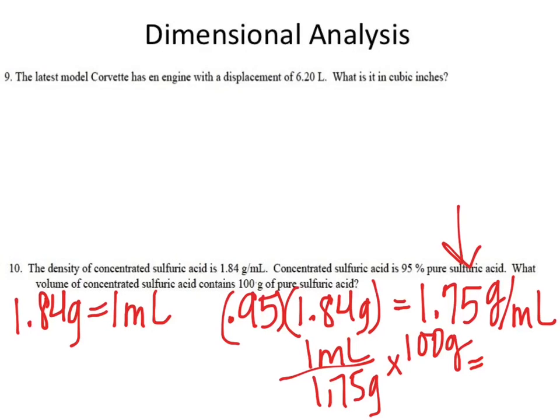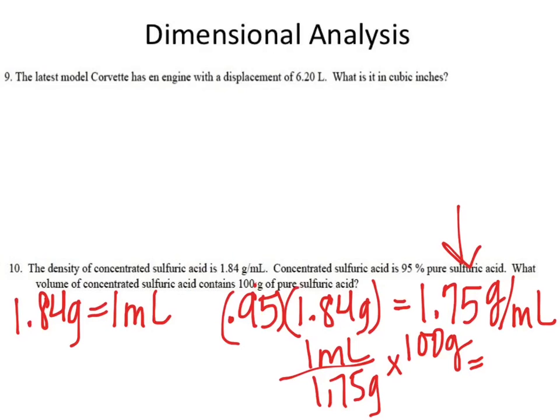Because that should probably be a decimal right there. 100 points exactly. Why is it not 1.7? Because remember, we always go with our final amount. It's the sig figs that we're going to go by.